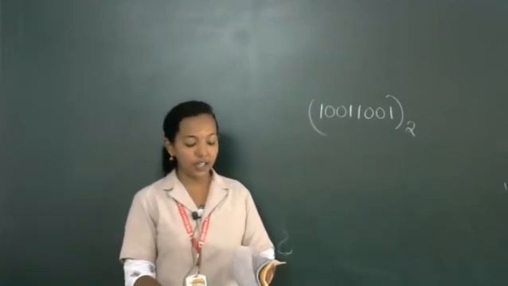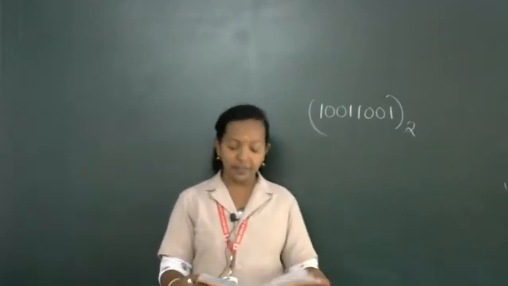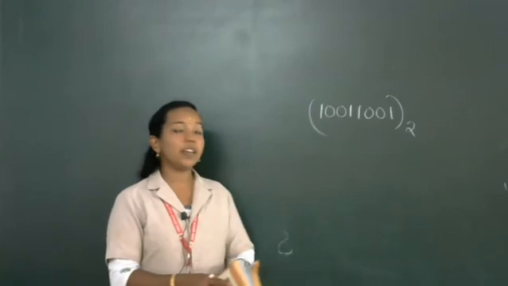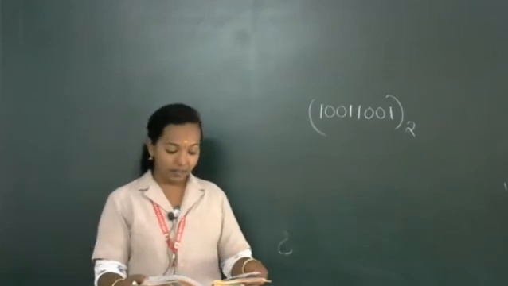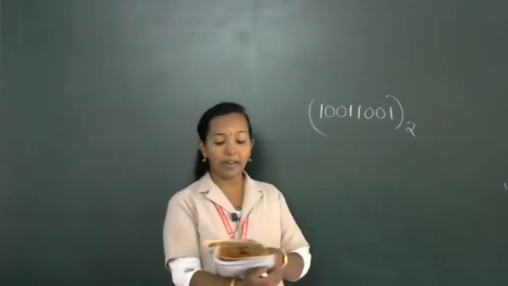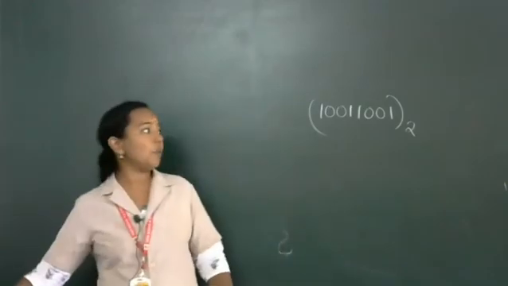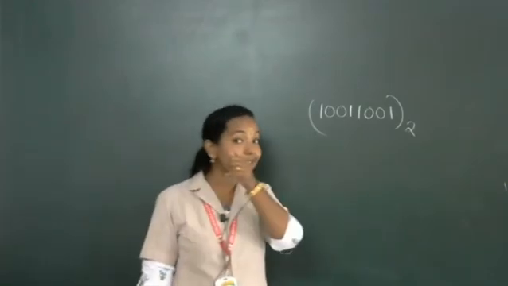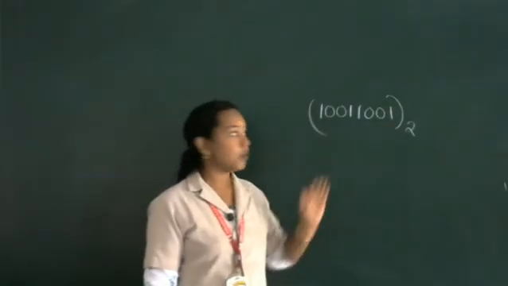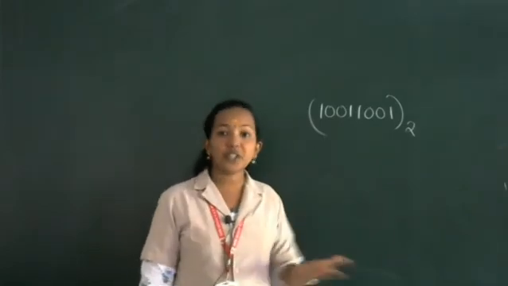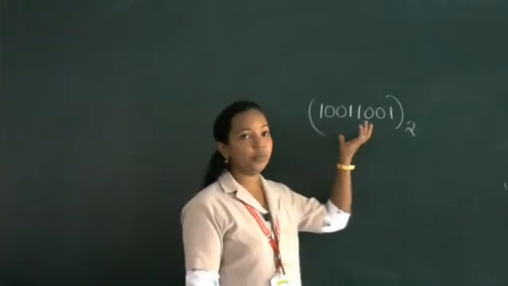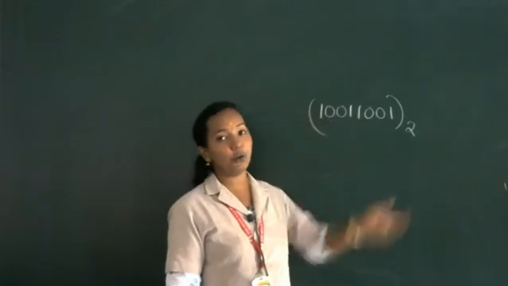Which representation are we using? Sign magnitude representation. Here it is a binary number. Actually this is the sign magnitude representation, so you want to identify which number is represented using this sign magnitude form.